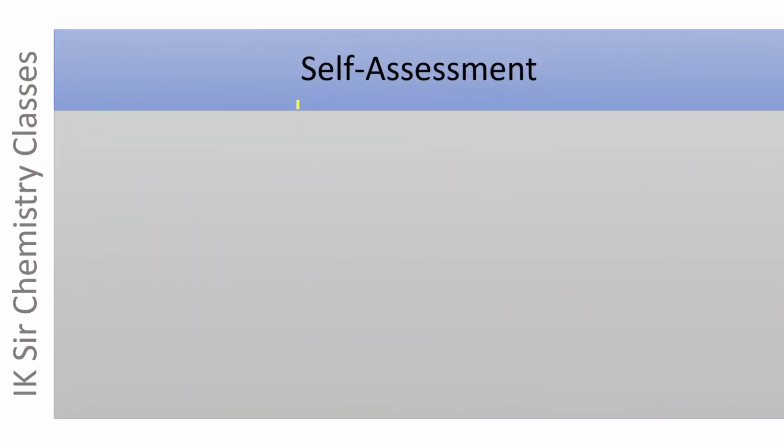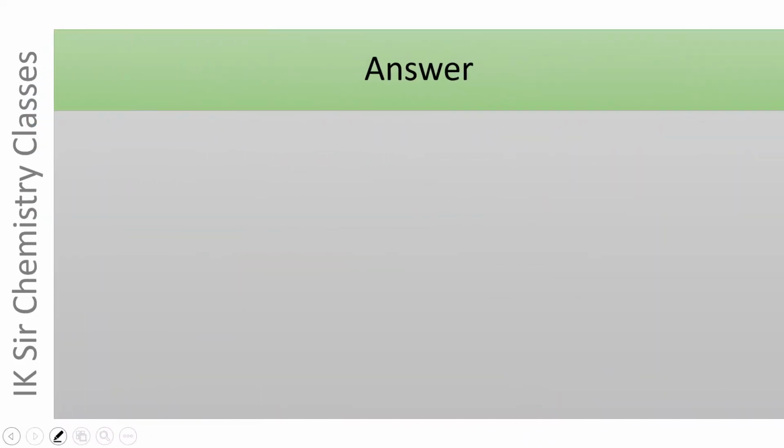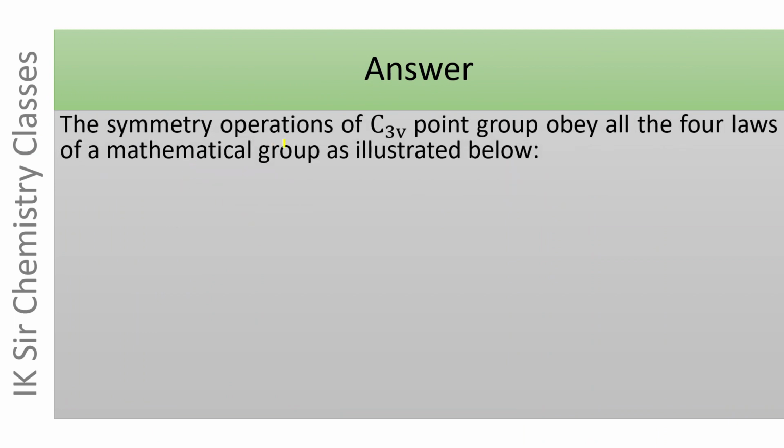Now it is time for self-assessment. Prove that the C3v point group is a mathematical group. Here is the answer. The symmetry operations of the C3v point group, that is E, C3, C3 inverse, sigma A, sigma B, and sigma C, obey all the four laws of a mathematical group as illustrated below.